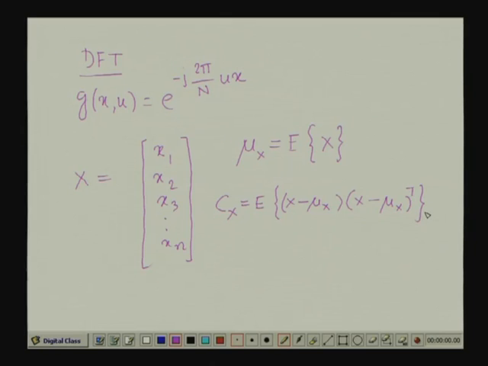Since x is of dimension n, this covariance matrix will be of dimension n by n. This is the dimensionality of the covariance matrix Cx, and obviously, the dimensionality of the mean vector mu x will be n.